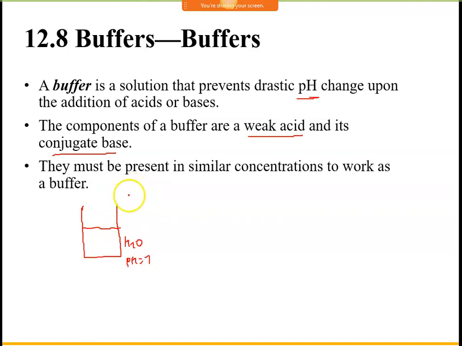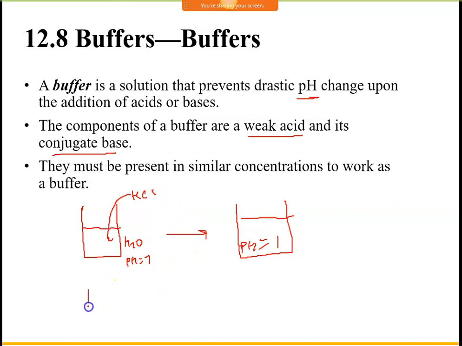And I drip in hydrochloric acid. What is the pH after I add in the hydrochloric acid? Well, the pH is going to be like 1 or 2, because hydrochloric acid is a strong acid.